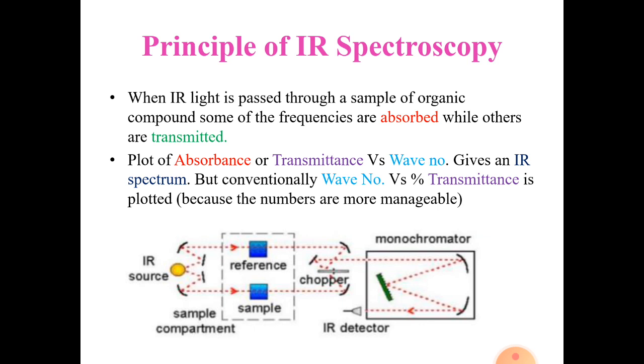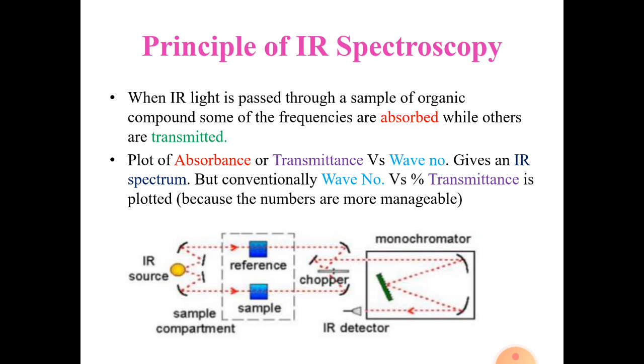The chopper will move upward as well as downward. While the chopper moves downward, the reference light beam is passed through the monochromator and then it is detected by an IR detector. If I want to detect the sample, the chopper will move upward, thereby the sample light is reflected and passed through the monochromator to the IR detector.